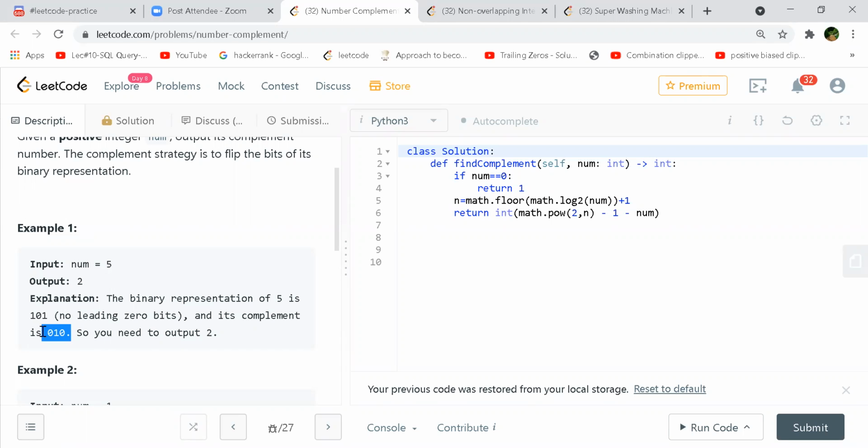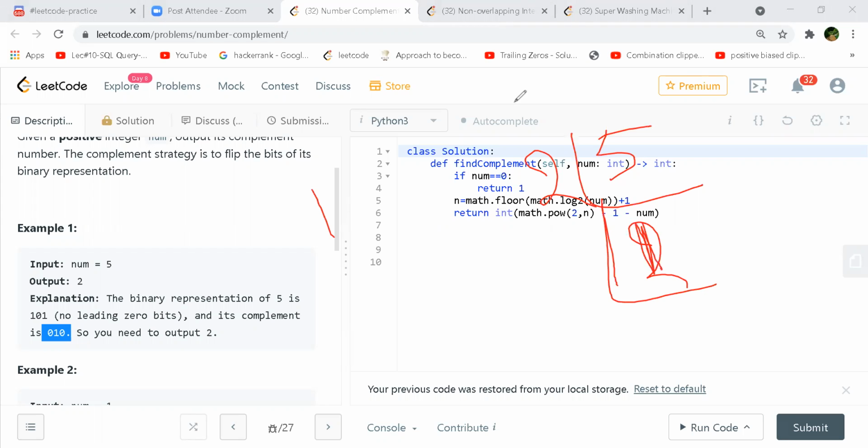If we take log 2 from 5, what will it return? Log 5 will give you how many bits will be there in this number, right? Like 5, how do you find the binary representation? 2 twos are 4, you write 1, and the remainder we write here, right?